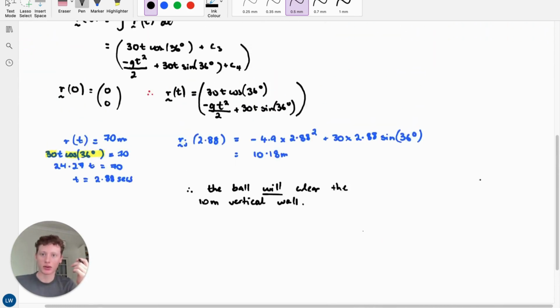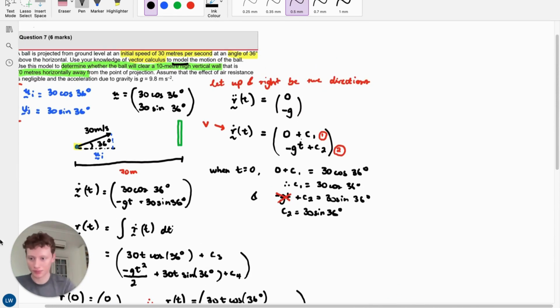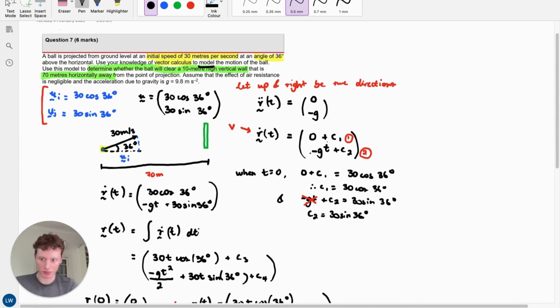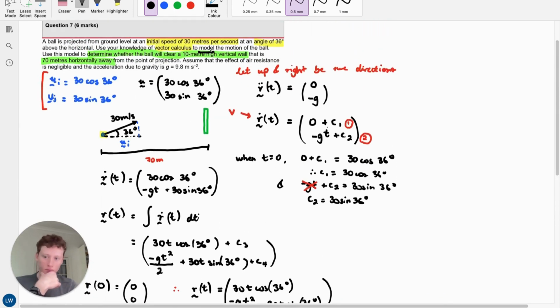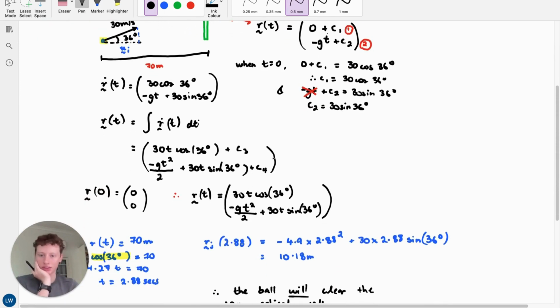So what we went through here is a vector calculus problem with applications to projectile motion. We worked backwards from acceleration to find a position function, and that gave us the model. We also created a diagram to make it easier, evaluated the initial velocity in both the i and j components, and applied that to solve for our c values.